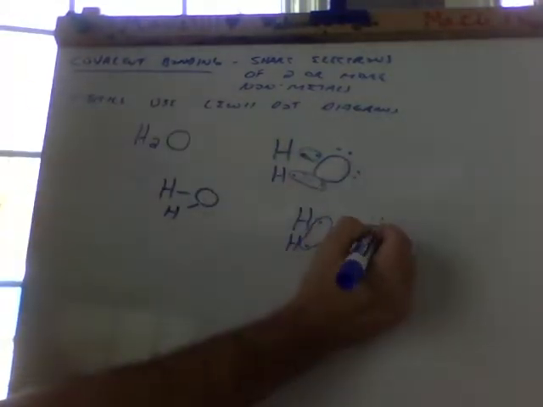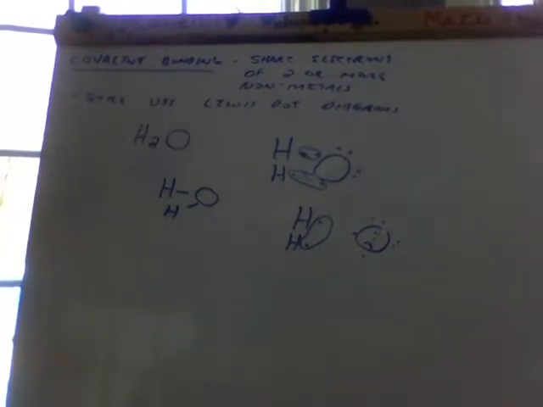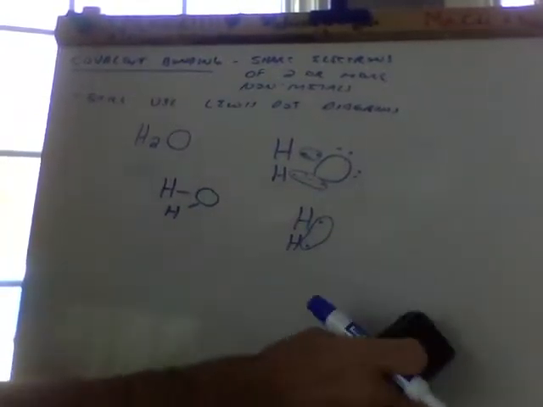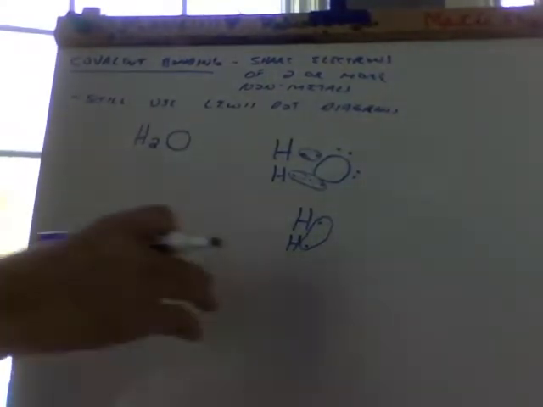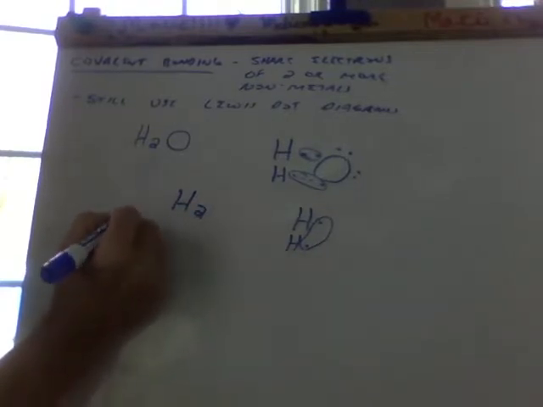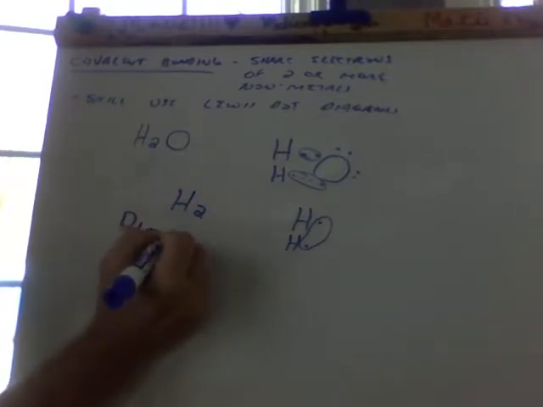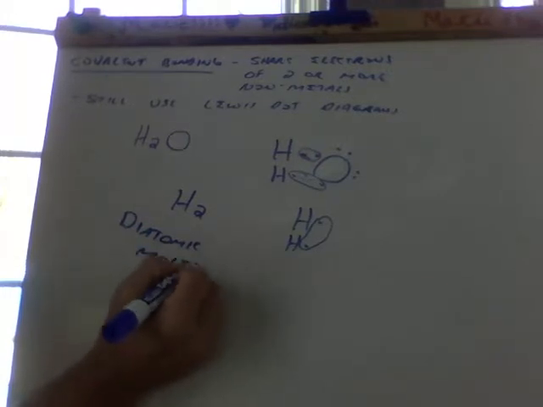Oxygen is now sad. It's not happy, it makes a sad face. So that's not how this thing bonds. If we're just talking about these two things together, it wouldn't be H2O, it would just be H2. And sometimes things form what are called diatomic molecules.